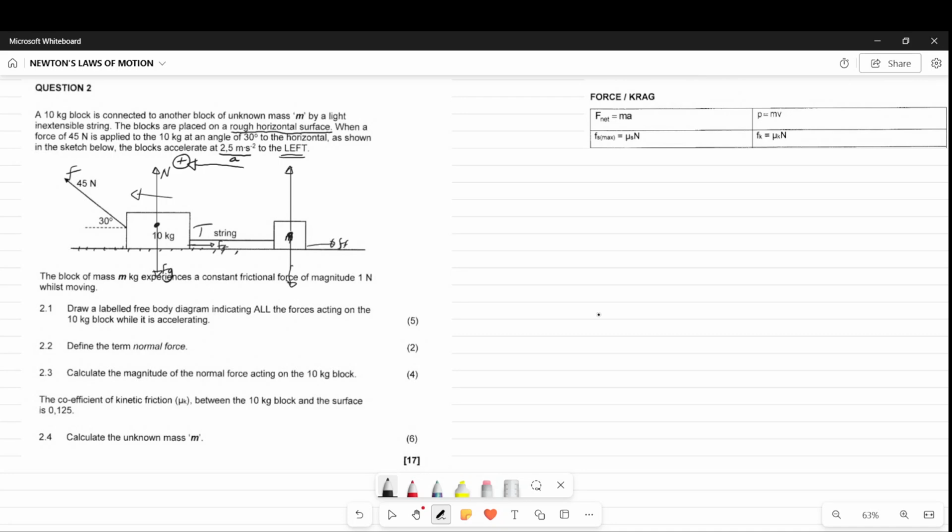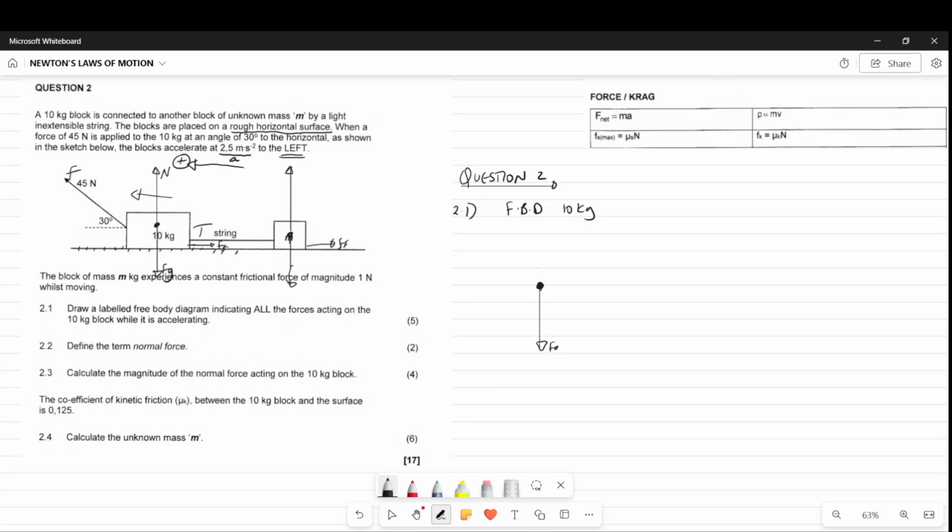Now for question 2, 2.1: free body diagram for the 10 kg block. You put a dot, and then Fg. Please use a ruler here.